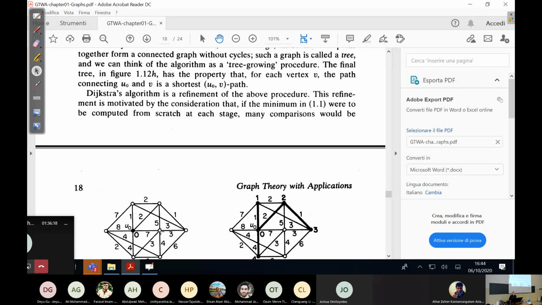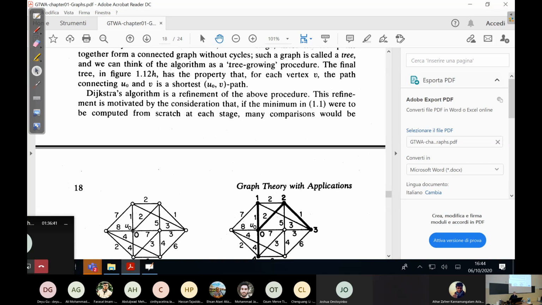So what is the nearest to U0? In this case, it is this vertex, having distance 1. Assume that all these are lengths of roads. So this is at distance 1.